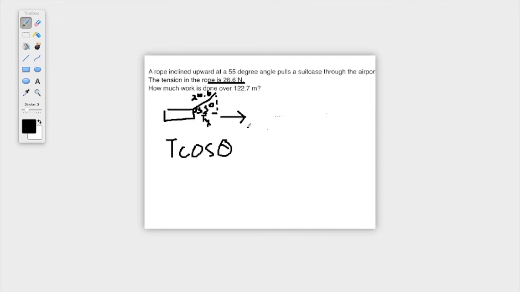And then our displacement is 122.7 meters, so times delta x, and that gives us our work. And then when you plug everything in, you should get work equals 1872 joules.